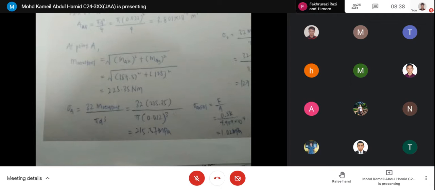Okay, so equation 32 times M divide by pi D kuasa 3 ni is another formula lah, boleh pakai direct. Okay, for bending moment boleh pakai 32M divide by pi D kuasa 3.